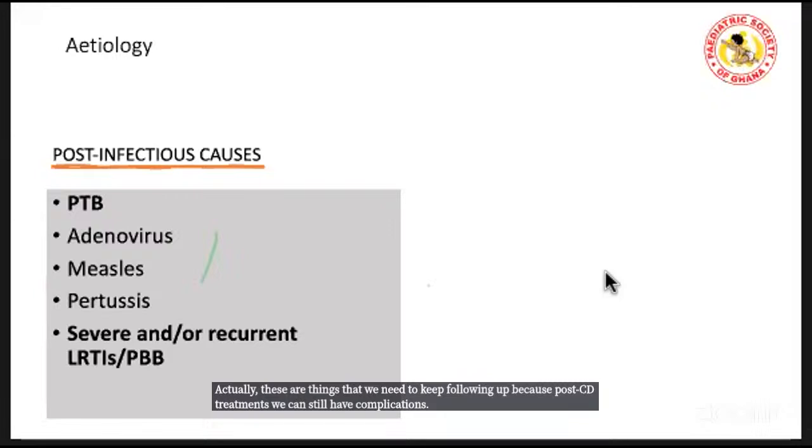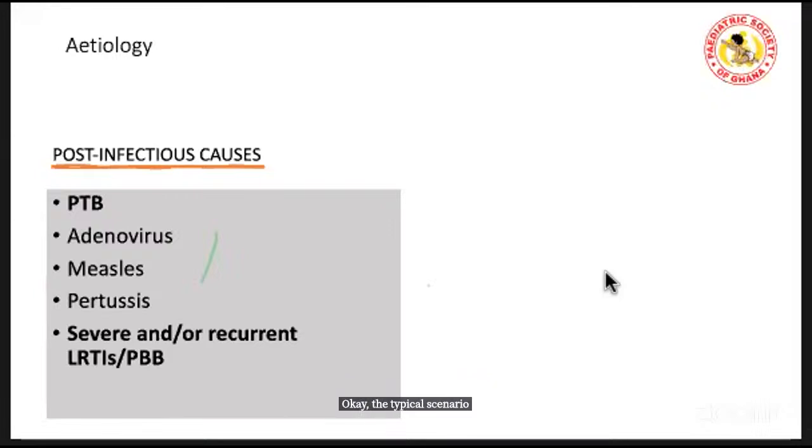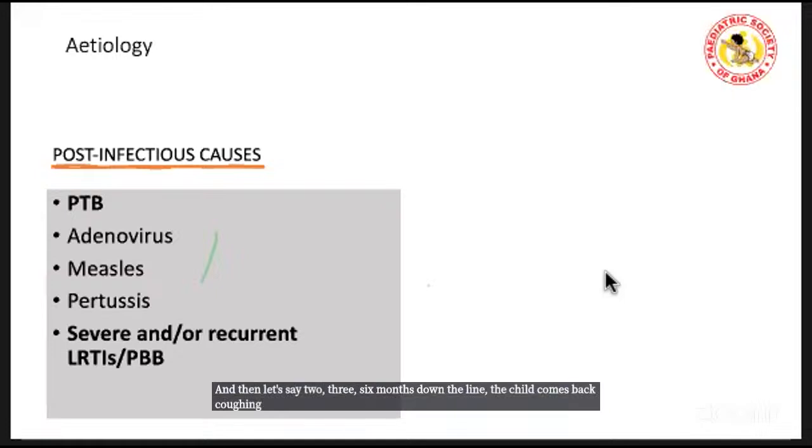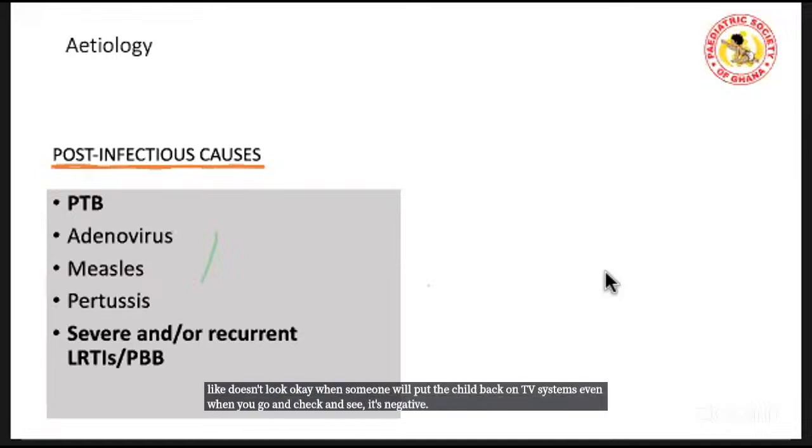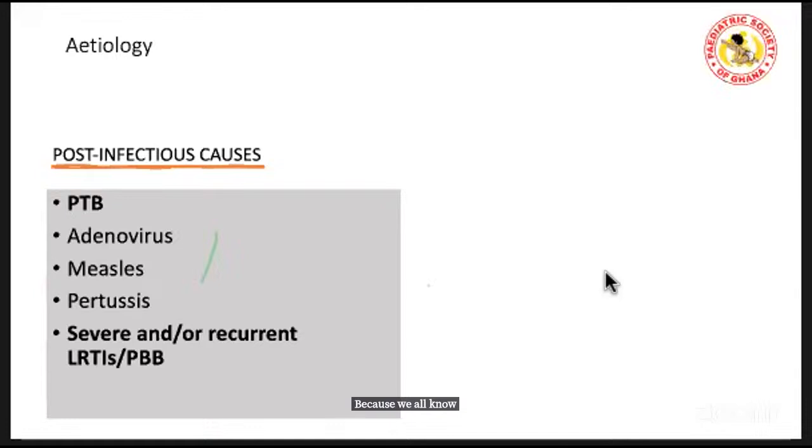The typical scenario is a child who has been treated for TB for 6 months, and then let's say 2, 3, 6 months down the line, the child comes back coughing, with sputum production, not gaining weight, and the X-ray doesn't look okay. Then someone will put the child back on TB treatment, even when you check and TB is negative, because we all know the other challenge: diagnosing TB in kids is also difficult.